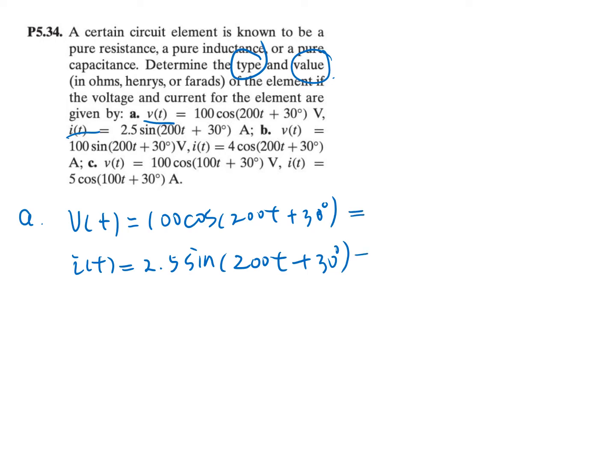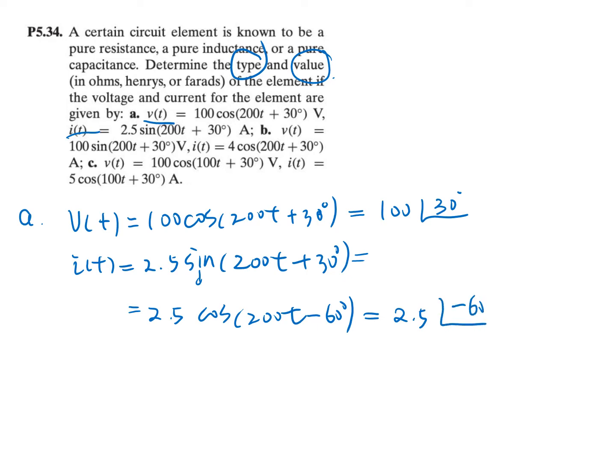Let's first convert them into the phasor domain. So this will be 100 angle 30 degrees. Be careful here, this is sine, so that's 2.5 cosine(200t minus 60 degrees). And this is 2.5 angle negative 60 degrees.